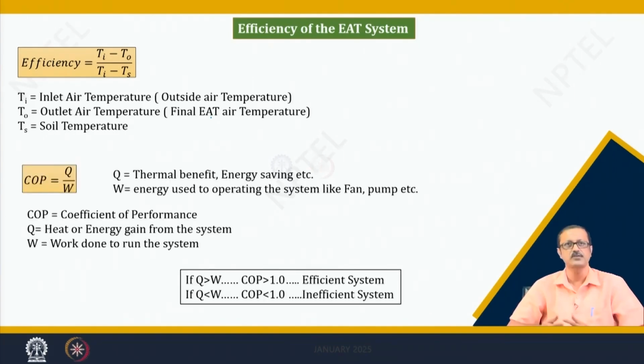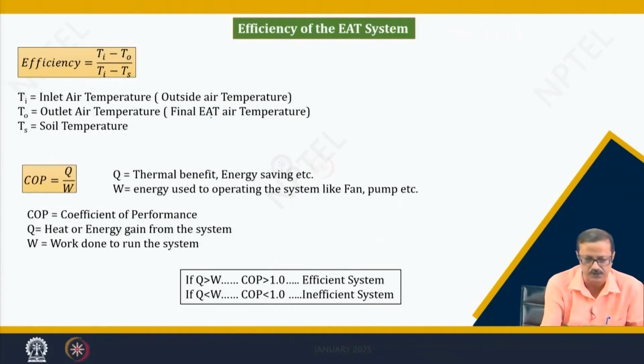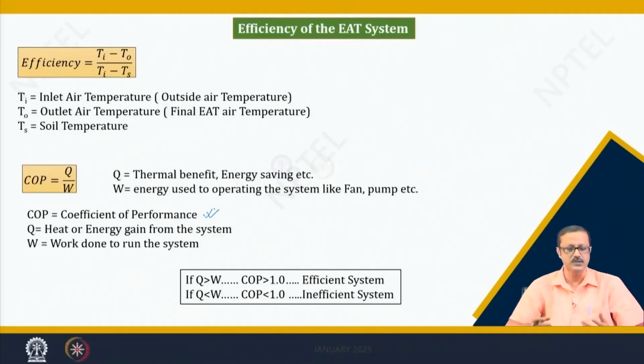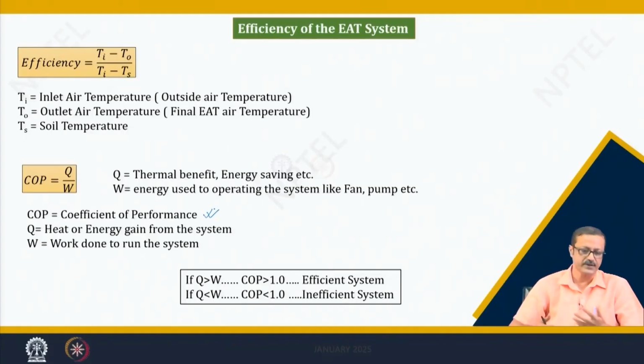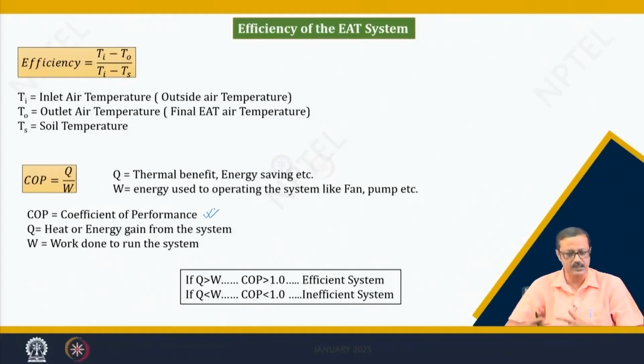We also try to find out the COP. COP is the coefficient of performance of the system, defined as Q by W, where Q is your thermal benefit, how much benefit I am getting by virtue of this system, divided by W, which is the work I have to do, the energy expenditure by a fan or some kind of pumping system I have to provide.